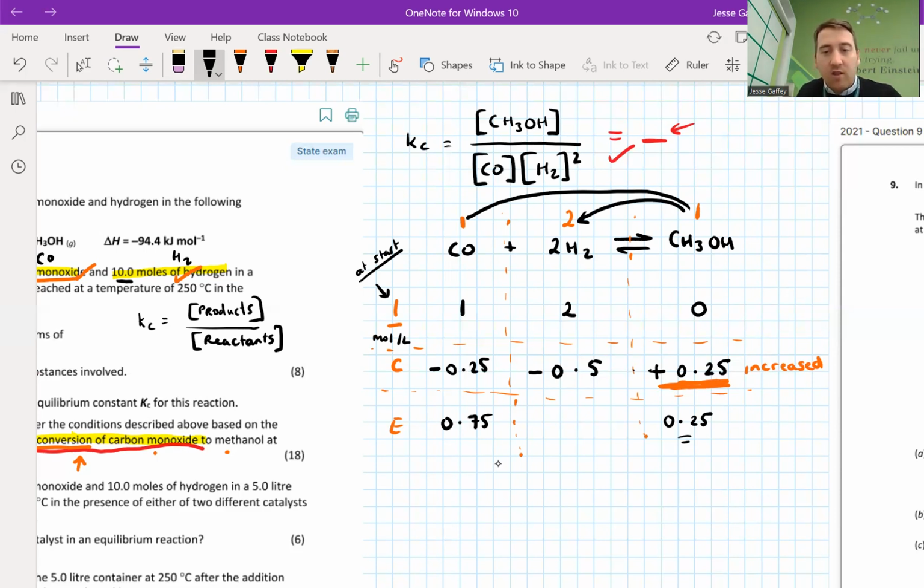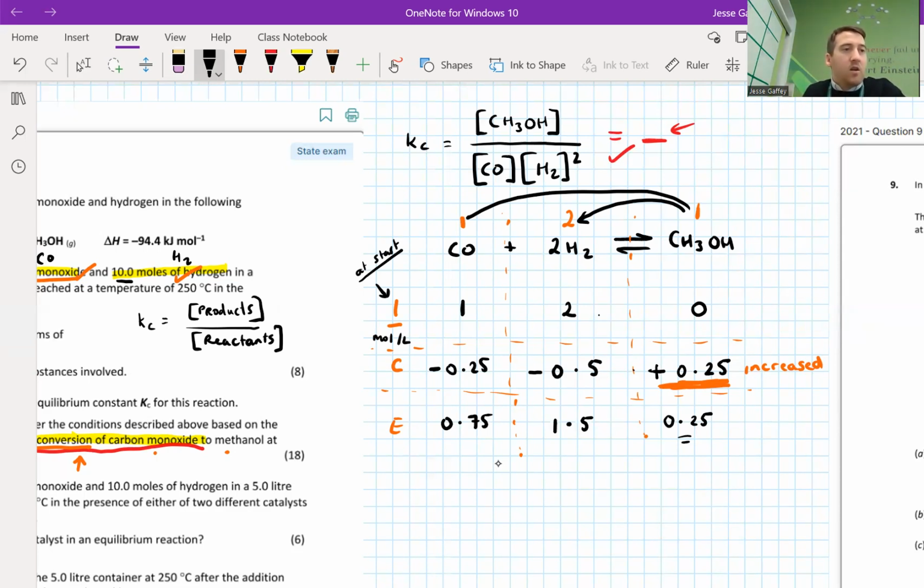We just have this last one to do. 2 minus 0.5 gives us 1.5 moles per liter of H2 at equilibrium. So our equilibrium mixture is composed of 0.25 moles per liter of methanol, 1.5 moles per liter of hydrogen, and 0.75 moles per liter of CO.